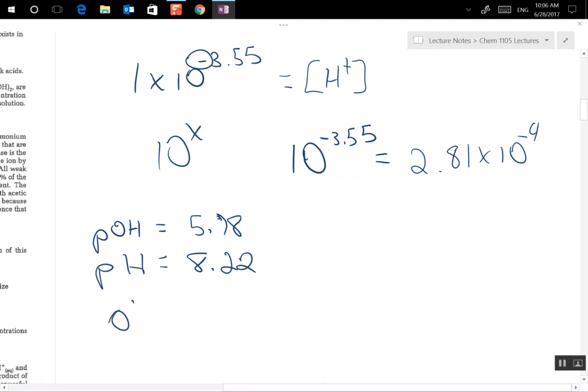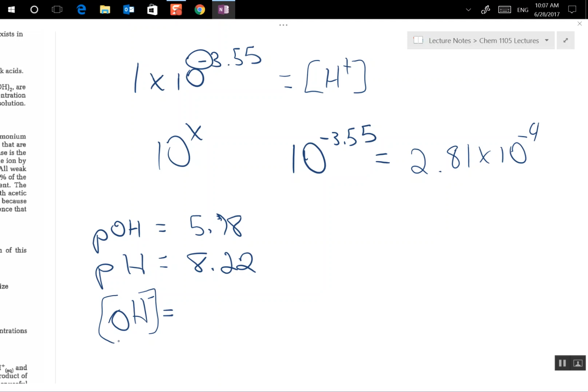What is the OH minus ion concentration? Can anybody tell me that? You need a calculator. What is it? It's not point something.